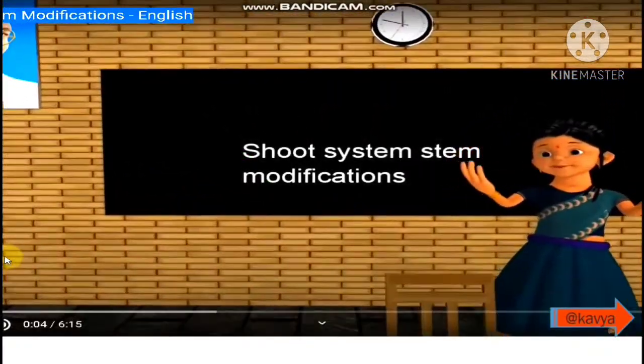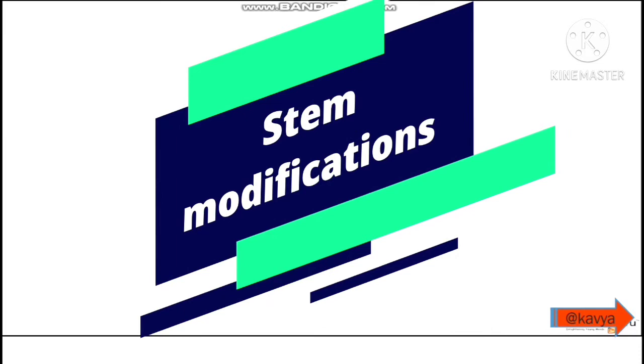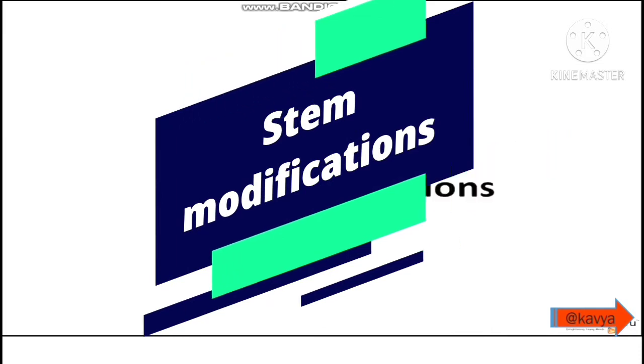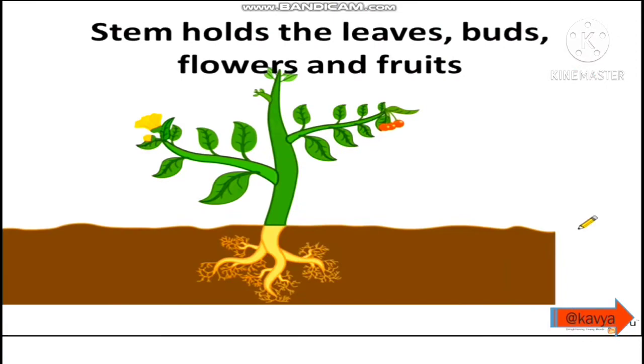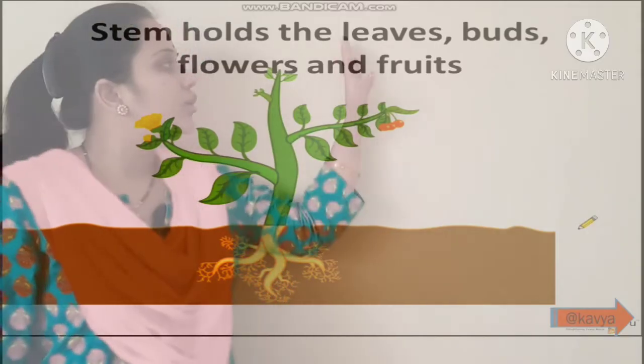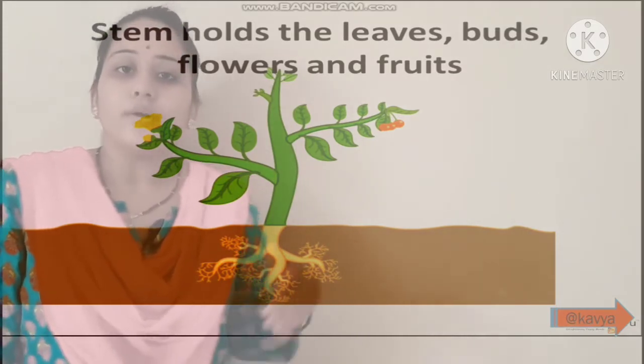Students, we learned about the shoot system. Now we shall learn about stem modification. What is stem modification? We saw the major functions of the stem, which are that the stem holds the leaves, buds, flowers and fruits.